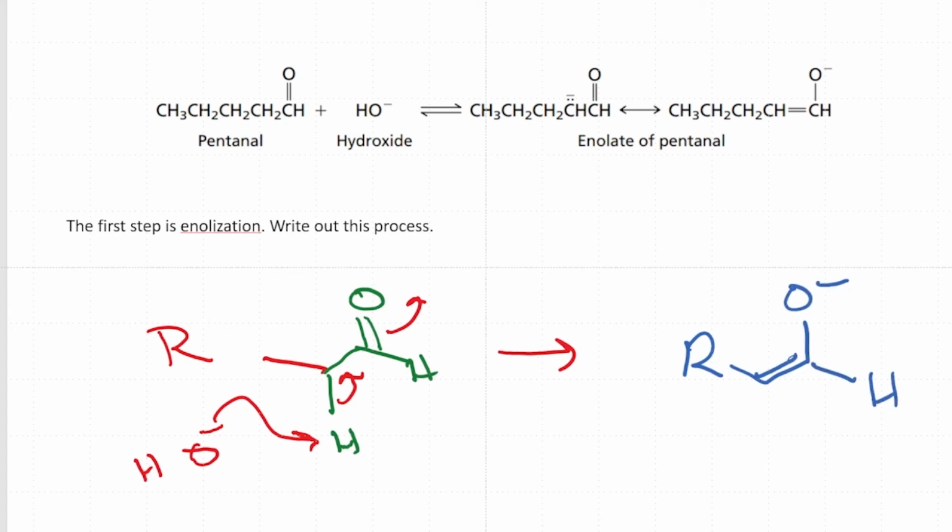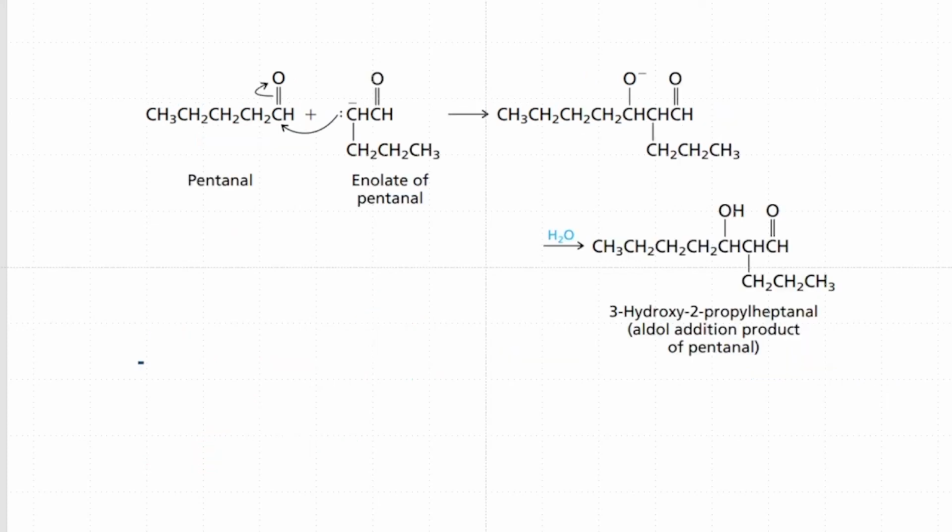This is something that we are fairly familiar with. Now what we have done in this process is we have generated the nucleophile, and if there's no electrophile, then it's just going to form the enolate. But if there's an electrophile, which is basically pentanal itself, then the aldol reaction can occur. So there is a self-aldol reaction.